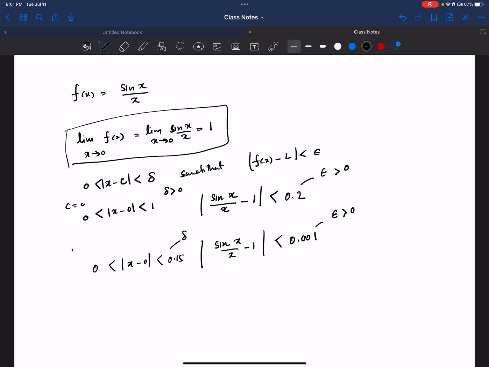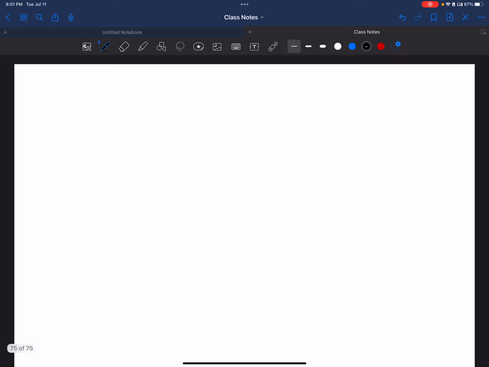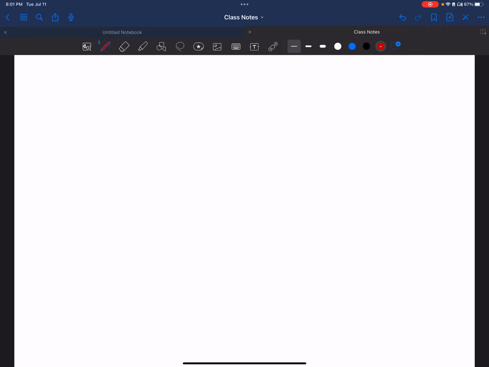Okay, so let's work on another example. Example 1. Let f(x) equal 8x plus 3.